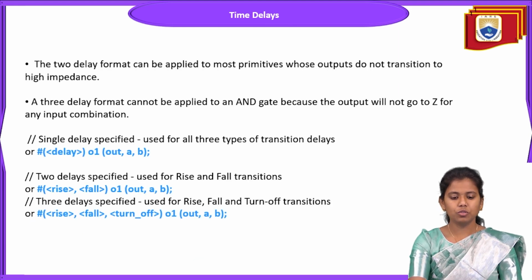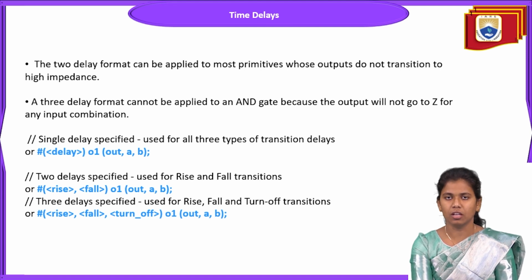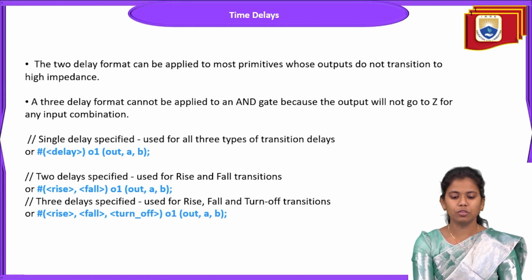The two delay format can be applied to most primitives. Usually we have one delay, two delay and three delay specifications, but among these, we usually go with the two delay specification.